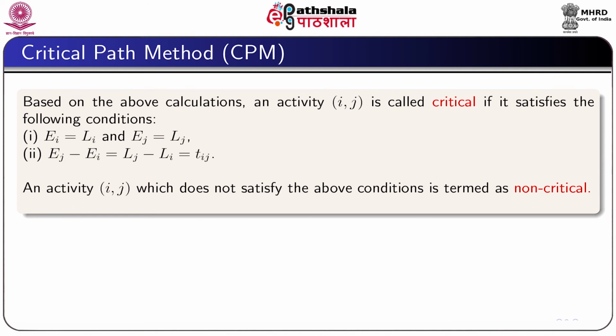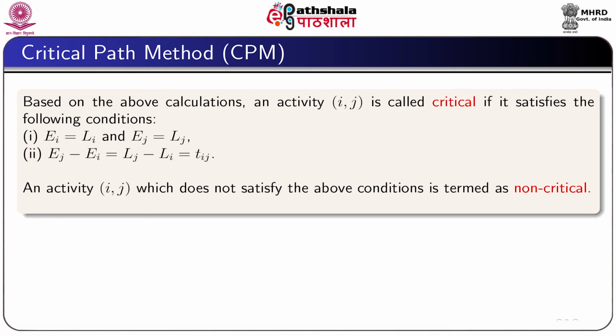Based on the above calculations, an activity will be called critical if it satisfies the following conditions: Ei equal to Li, that is earliest occurrence time of the event i equal to latest occurrence time of the event i, and similarly Ej equal to Lj.